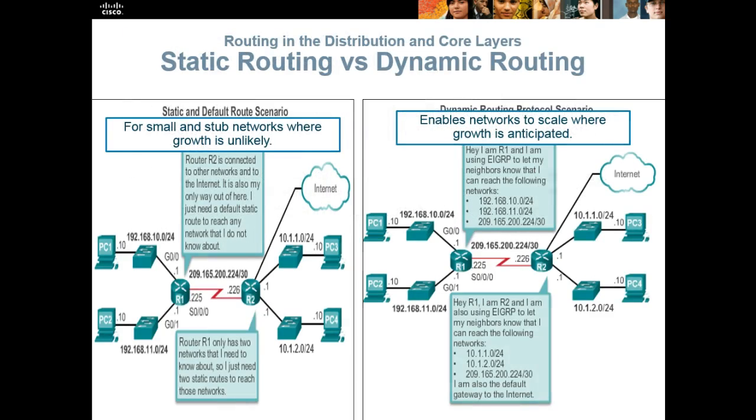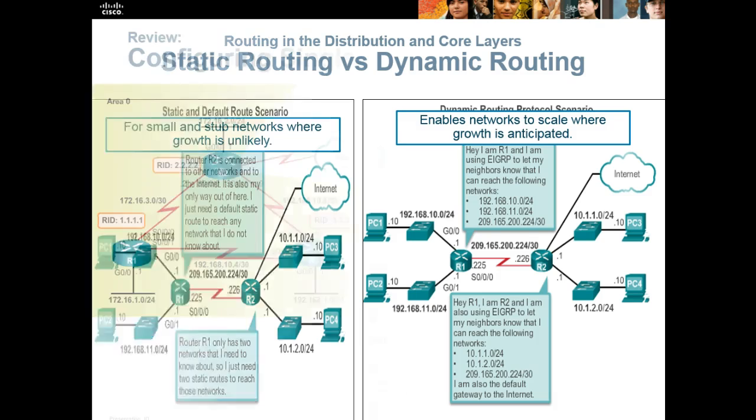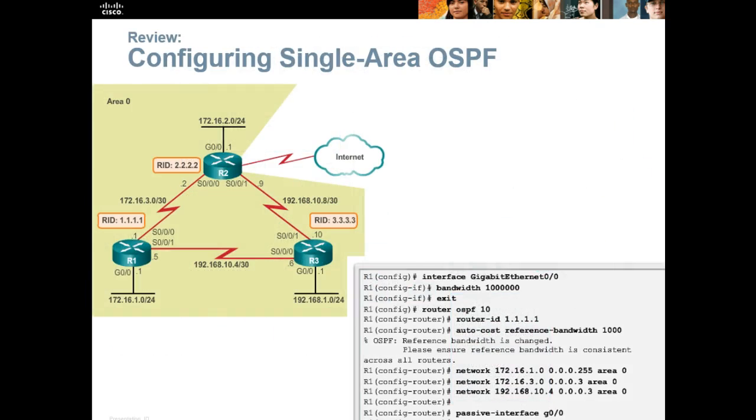So when we need layer 3 routing and switching working together in the core layer, we get to non-broadcast multi-access. But remember, we have static and default routing. Static routing is for small networks and stubs, where it just goes one way and back. So we don't configure much static in here. Well, we make a few static routes, but not very many. Default routing lets networks scale when you anticipate growth. As you recall, configuring OSPF is just a brief look at it.